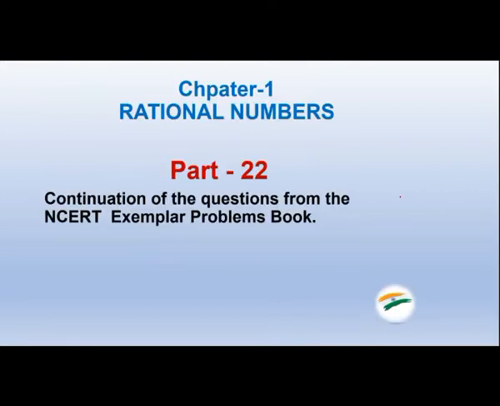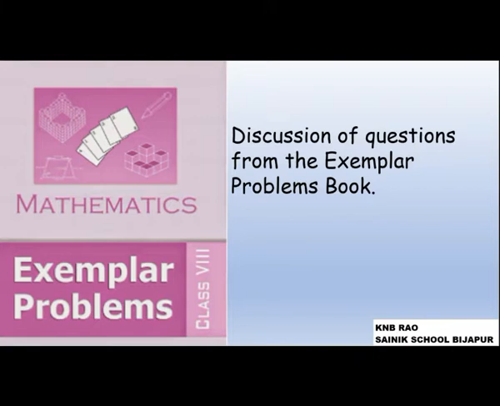Students, in this part 22, we'll continue with the questions of NCERT exemplar problems. We will be discussing those questions which are given in the exemplar problems book of the rational number chapter.